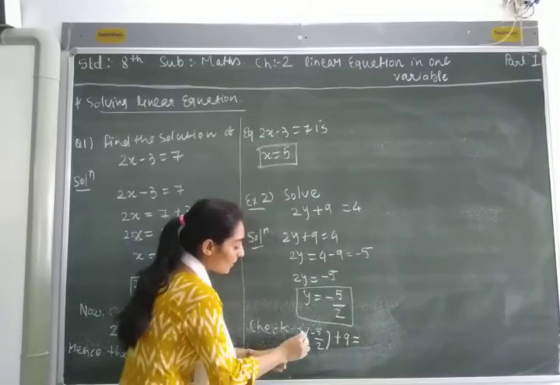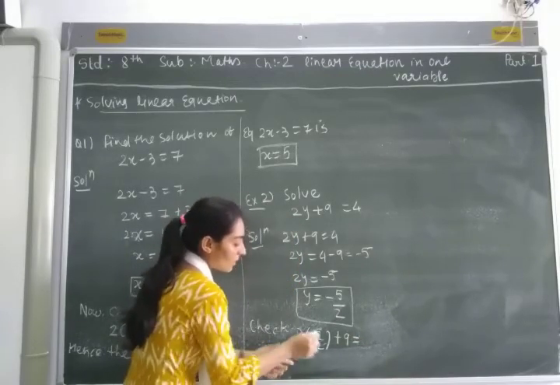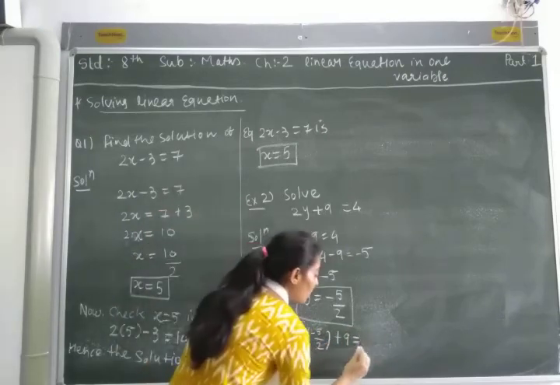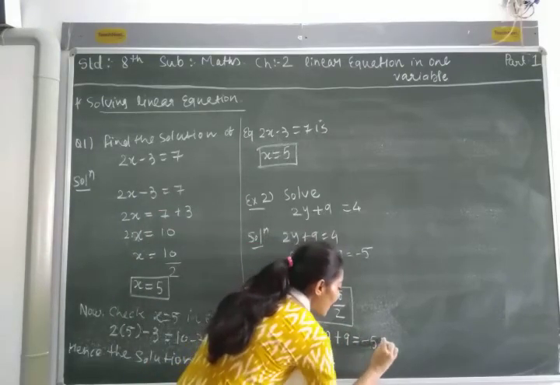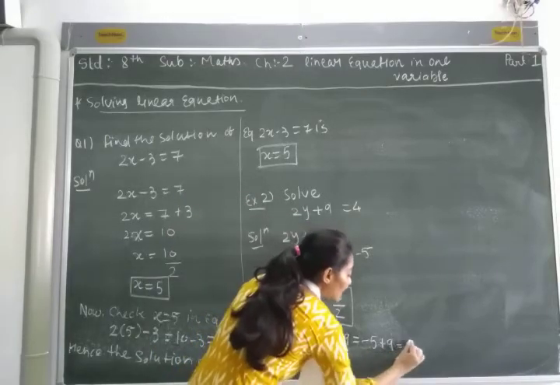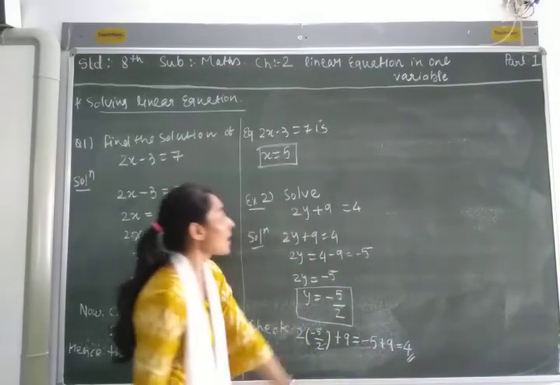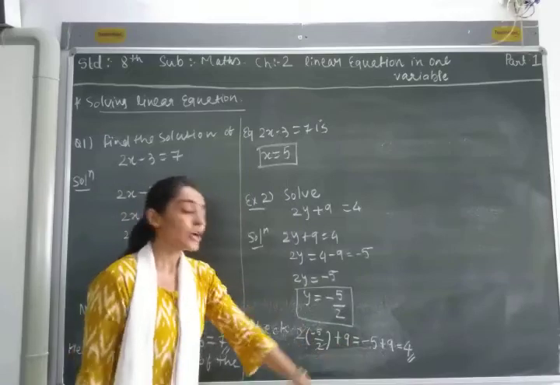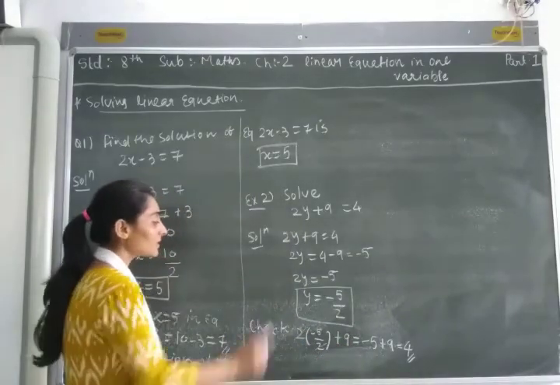The 2s cancel out, what is left is minus 5 plus 9, which equals plus 4.